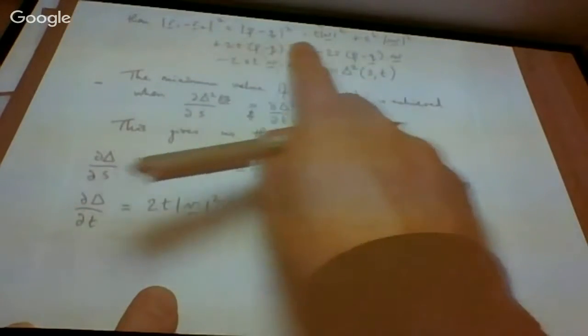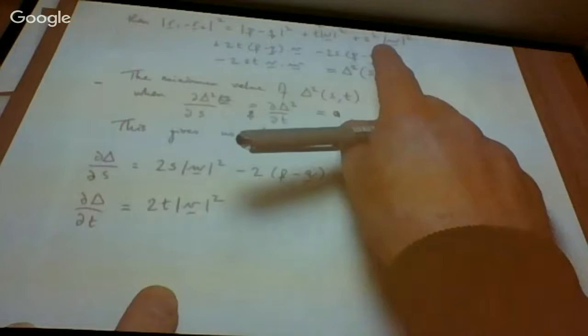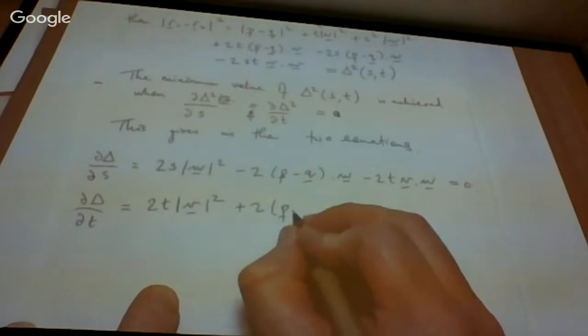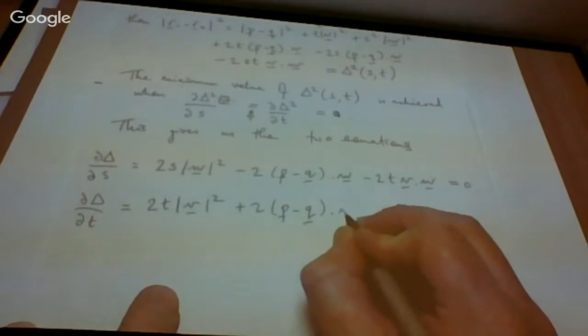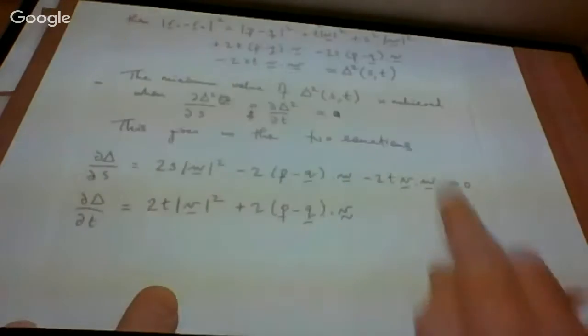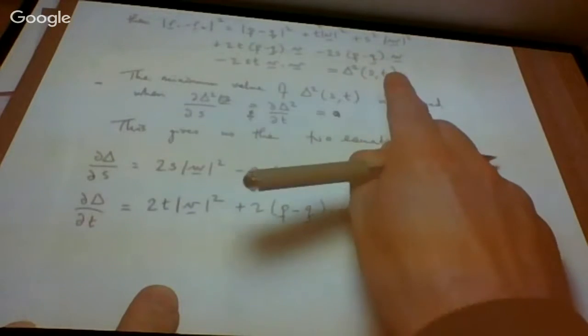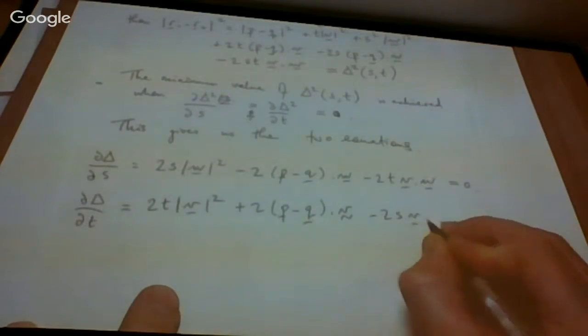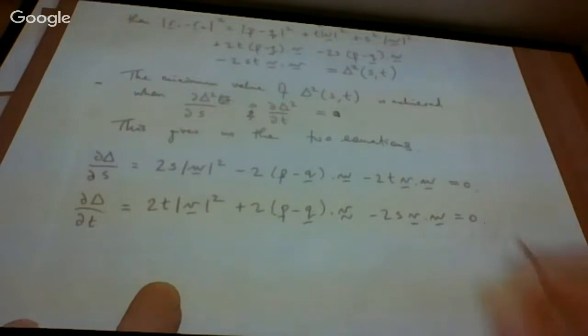There's no t there in s squared. There is a t here. It's going to be plus 2 p minus q inner product with v. There's no t there. There is a t there, so it's going to give me minus 2s inner product of v with w.